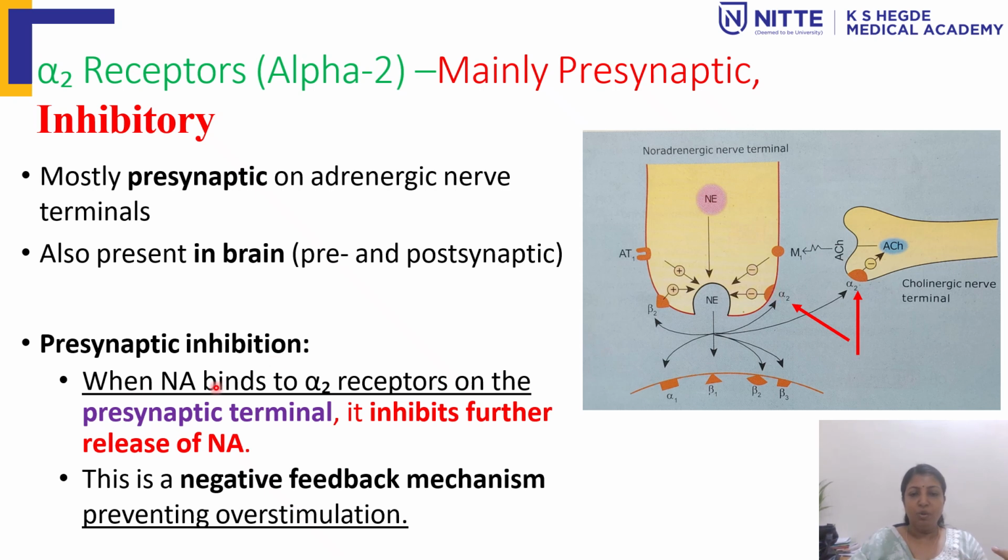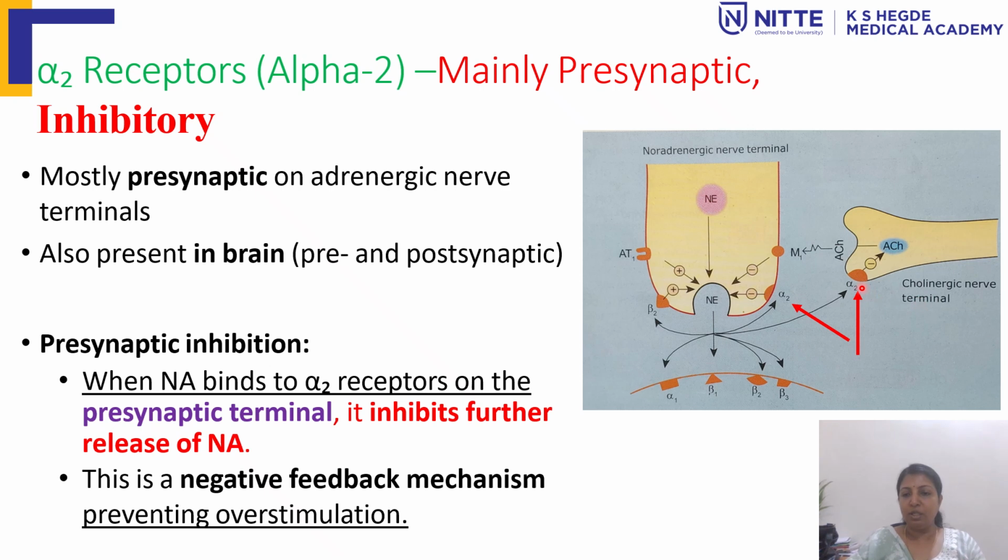When noradrenaline binds to alpha 2 receptors in the presynaptic terminal, it inhibits the further release of noradrenaline. It's like a negative feedback mechanism. When there is overstimulation, noradrenaline binds to the alpha 2 receptors, which prevents further release of noradrenaline.